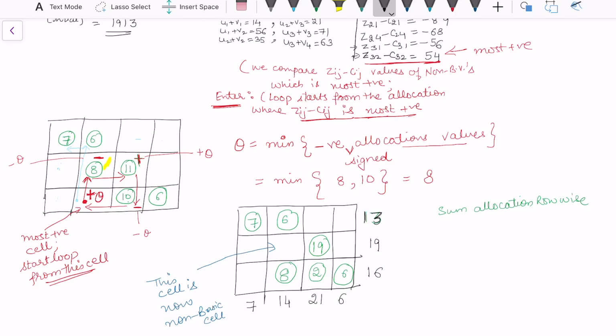If we don't add and subtract the same quantity, the constraint will not be satisfied, which is the original problem. That is, the summation of xij row wise should be equal to ai, and the summation of xij column wise should be equal to the corresponding demand. So this is what is called the basic looping, and this also helps us to identify which variable has been added and which variable has been removed.